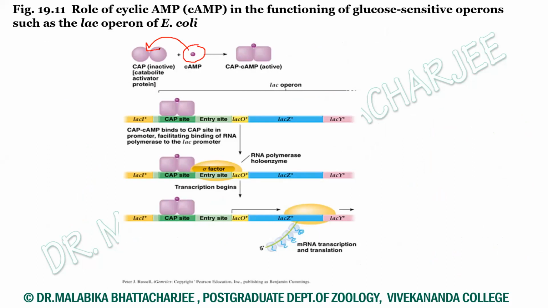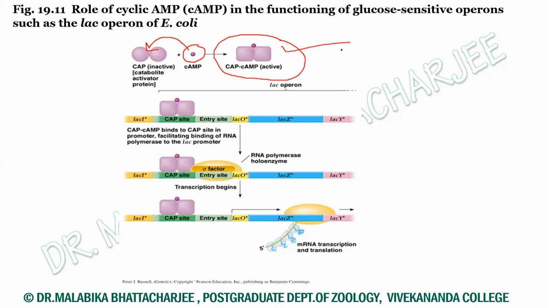This is present in the cytoplasm, but in its inactive form. It can become activated only when cyclic adenosine monophosphate is added to it. So cyclic adenosine monophosphate binds with the catabolite activator protein to form the CAP-cAMP complex. This is a transcription factor.